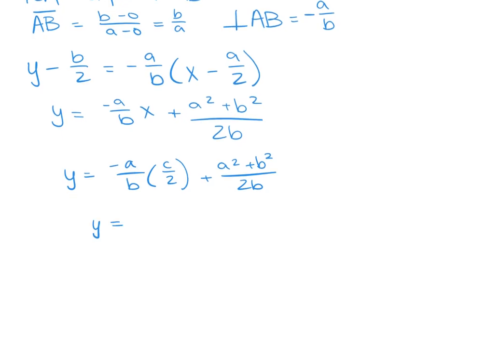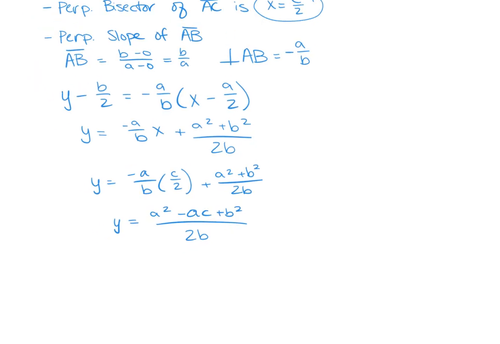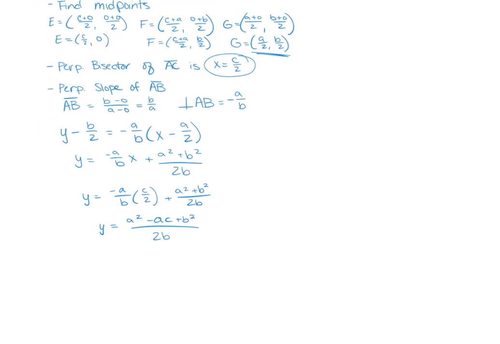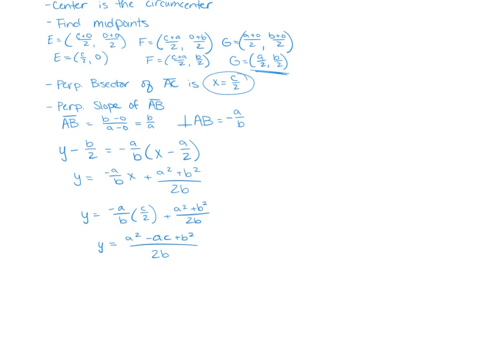That will end up simplifying and giving me a squared minus AC plus B squared all over 2B. Okay, so I'm able to find the center of the fountain based off of that x coordinate, and then what I just found for this y coordinate.